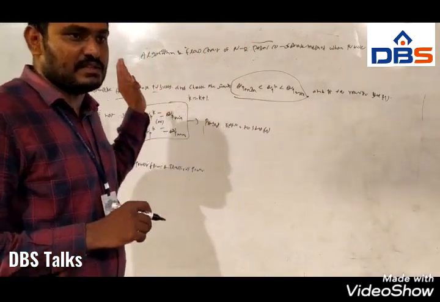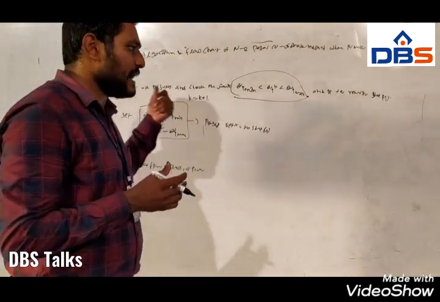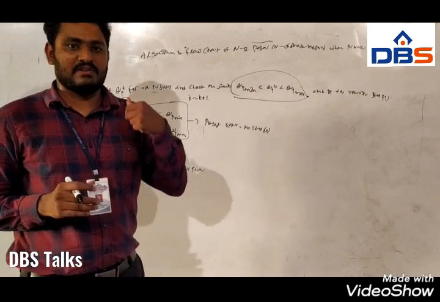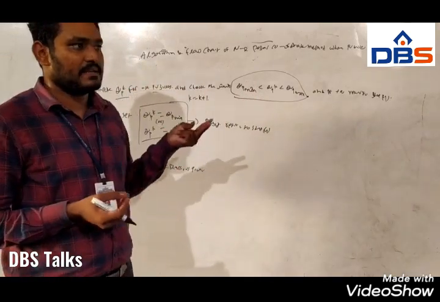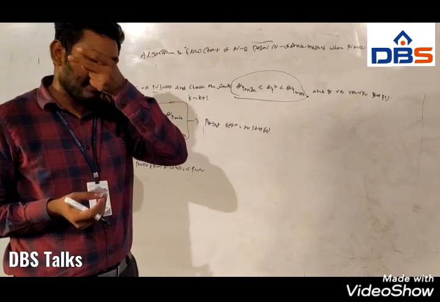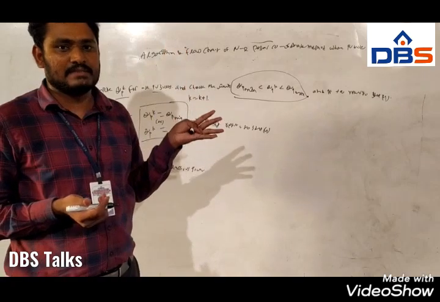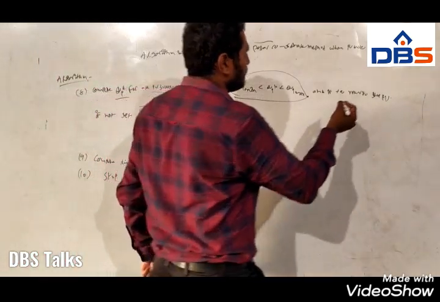In the first step, we have to read the system data and formulate the Y bus. In the second step, we have to start the process, which means we have to assume some values. Here we are taking all the buses, that means PQ bus and PV bus. We have already discussed the types of buses, depending upon the given constraints.